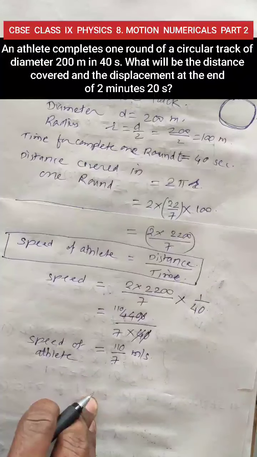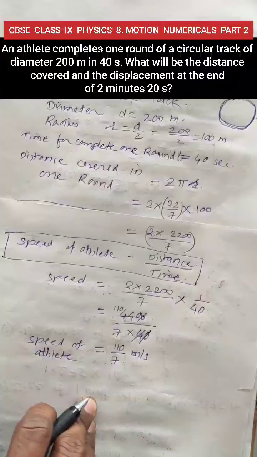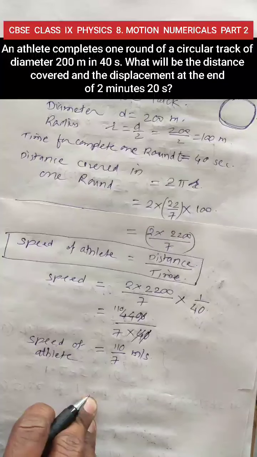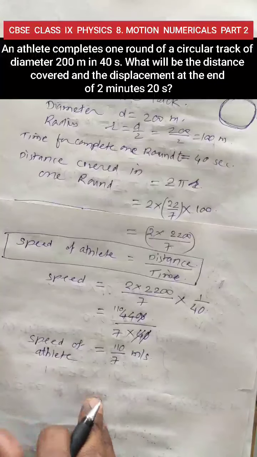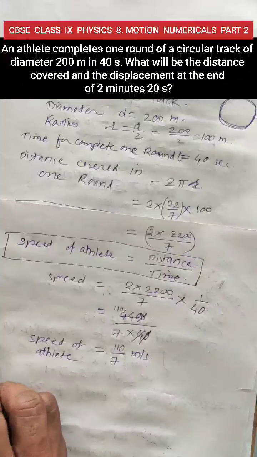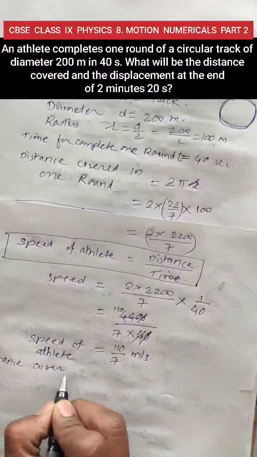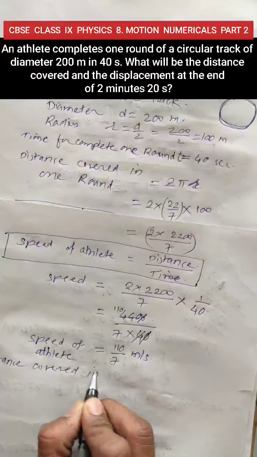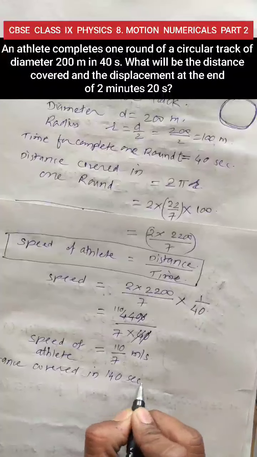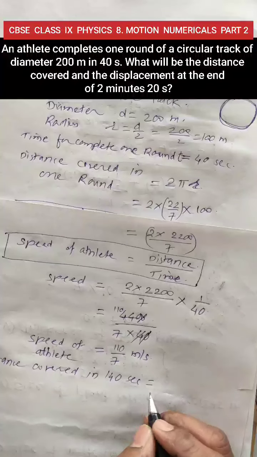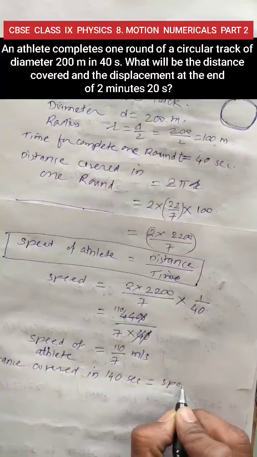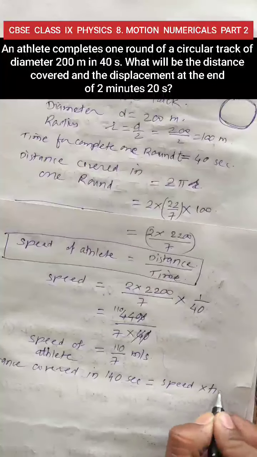Now we have to find the distance covered in 140 seconds. So this is the speed. To find the distance, we must know the formula: speed into time.